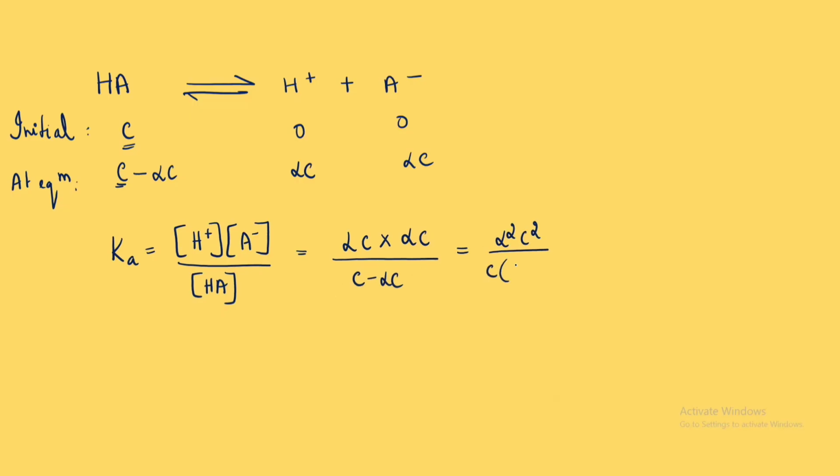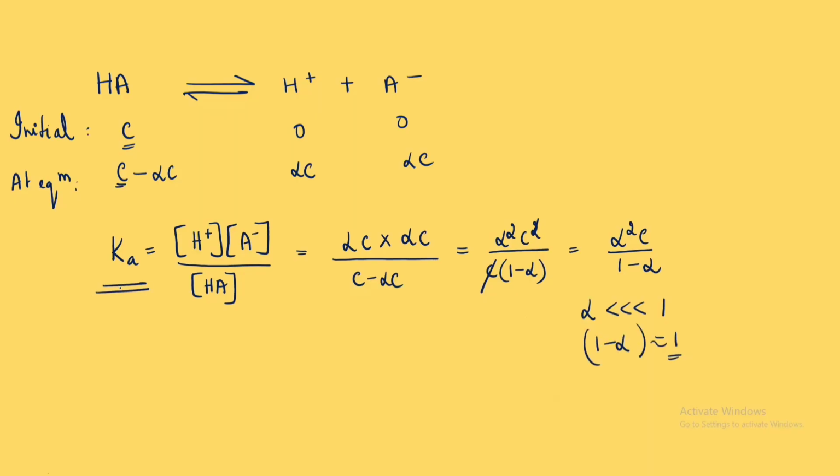Now C I can take as common, so 1 minus alpha, right? The C in the numerator and the C in the denominator cancel each other, so alpha square C divided by 1 minus alpha, right? In the denominator, we know that alpha is much lesser than 1, so I can consider 1 minus alpha as approximately equal to 1.